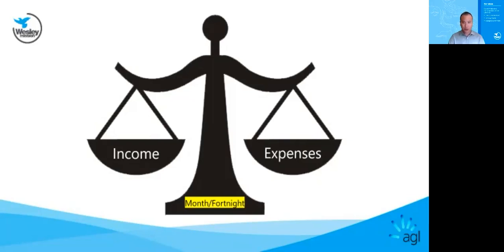But the secret sauce to these scales is what I've just shown there, month or fortnight. So a lot of people are really confused with what comes in and what goes out, because things come in at different times and things go out at different times. So some clients we work with, they have Centrelink every fortnight. They have their job money that comes in every week.